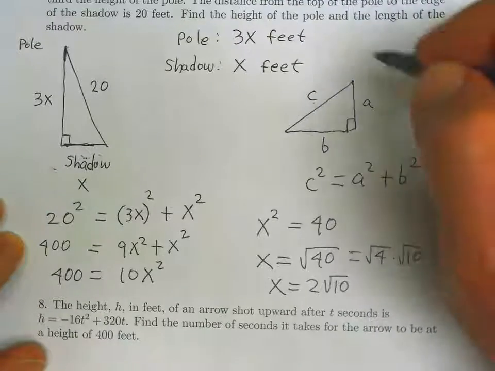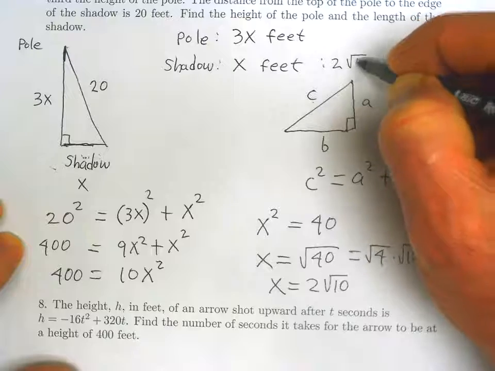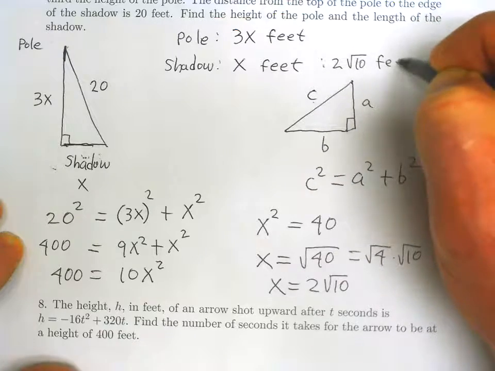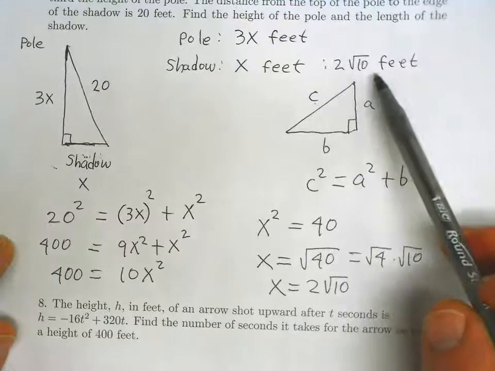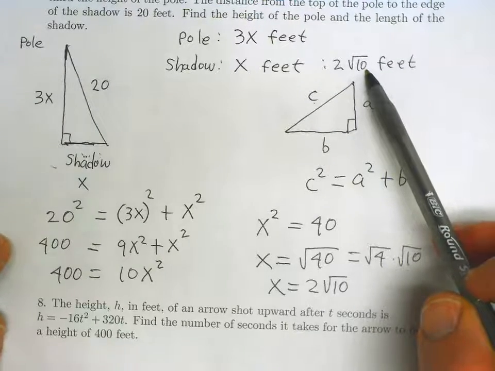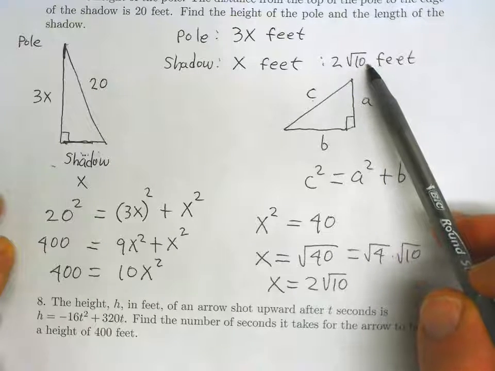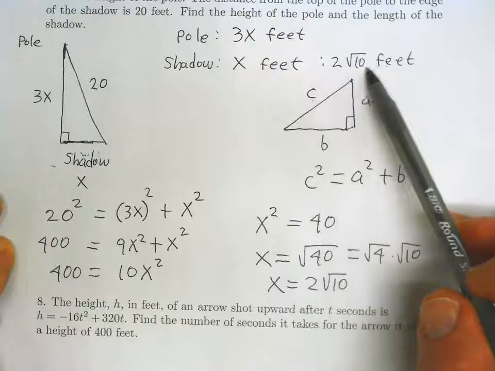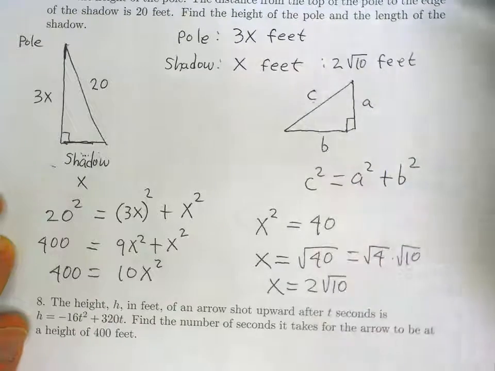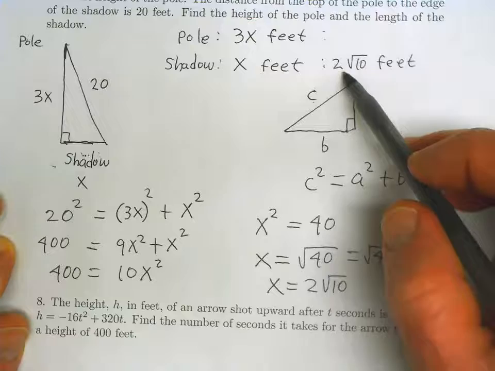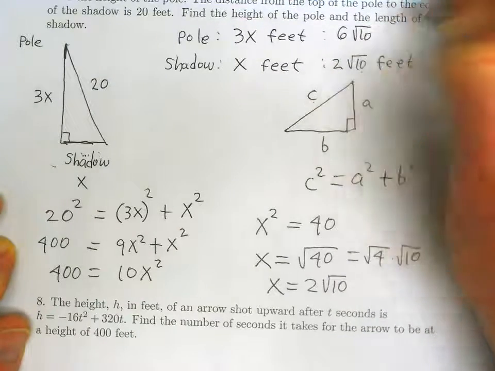Okay, so the length of the shadow is 2 times the square root of 10 feet, which is a little bit more than 6 feet, because the square root of 10 is a little bit bigger than the square root of 9, which is 3. So this is a little bit longer than 6 feet. And then the length of the pole is 3 times 2 times the square root of 10, or 6 times the square root of 10 feet.